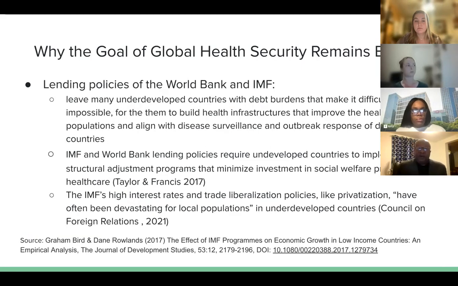Another thing that makes it difficult for us to achieve global health security is the lending policies of the IMF, the International Monetary Fund, and the World Bank. Most people may not know that when the IMF and the World Bank go into countries, they provide debt, especially to underdeveloped countries.